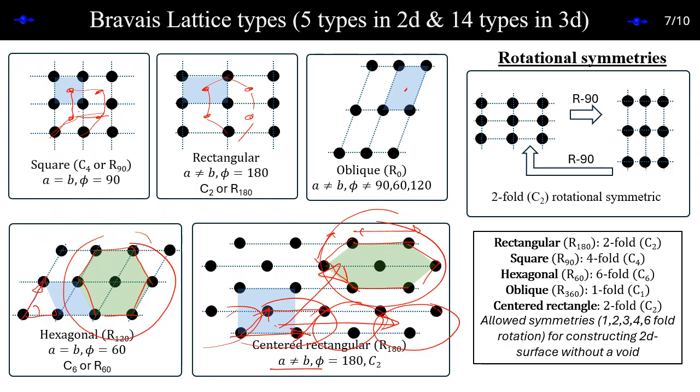But in 3D you'll see more. It is not because of 5 types of rotation. So 90, 60, 360, see, there are not 5 types, right? We have 60 degree rotation, 90 degree rotation, 180, and one fold, 360. 4 types of rotation. So these 4 types of rotation give 5 different groups.